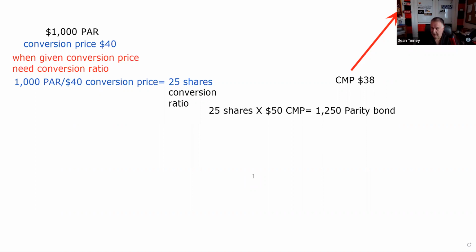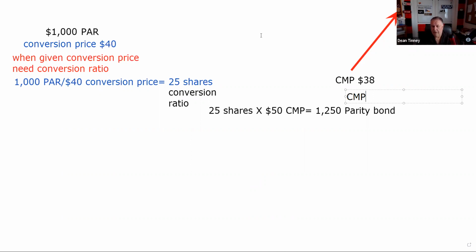Your bond is worth at least 1,250, but hey, I'm here for you. Certainly take that off your hands, right? So arbitrage test question is profiting from price discrepancies. We typically wouldn't expect the bond to be trading below parity or even at parity. We would expect the current market price of the bond to be somewhere above parity, right?